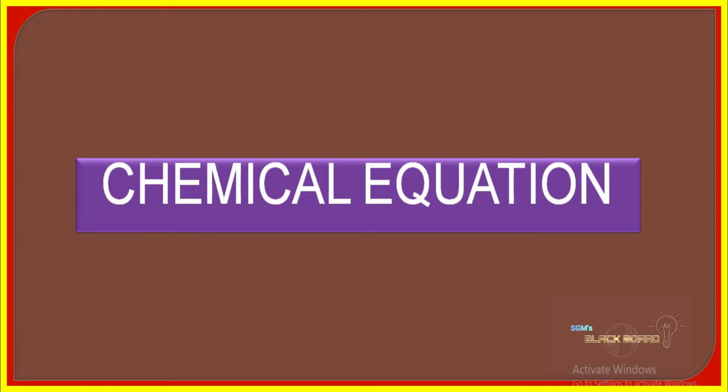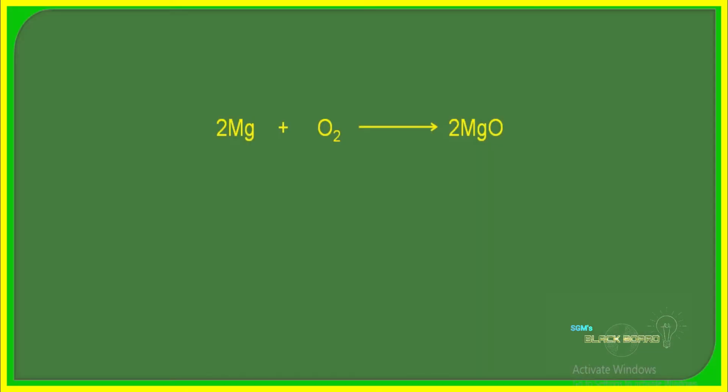Now let us see what a chemical equation is, how to write it, and what information a chemical equation gives us. For example, at the time of Diwali, we used to burn crackers. One example is magnesium wire. When magnesium wire is burned, it reacts with oxygen and gives us ash, that is nothing but magnesium oxide.